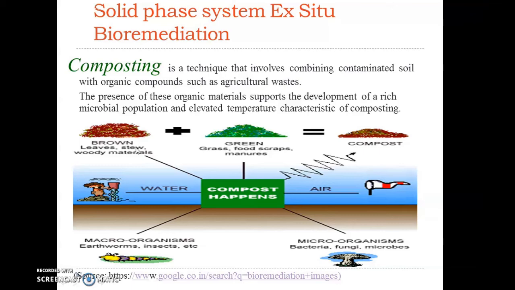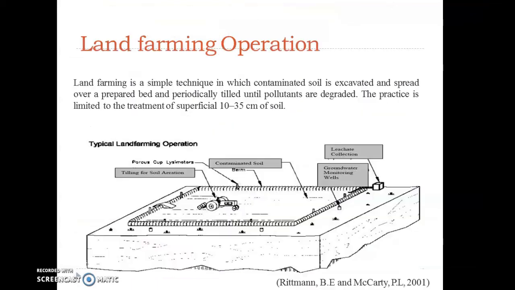The presence of these organic materials supports the development of a rich microbial population and the elevated temperature characteristic of composting. After composting, these microorganisms will convert the polluted contaminant into harmless substances.